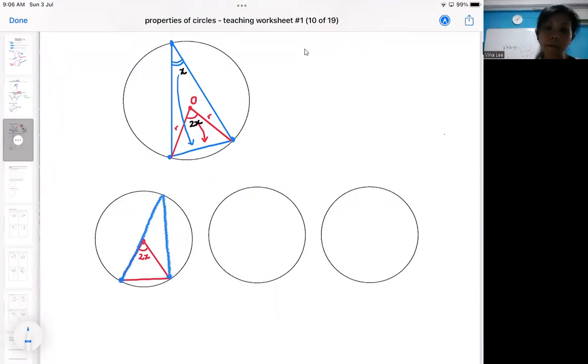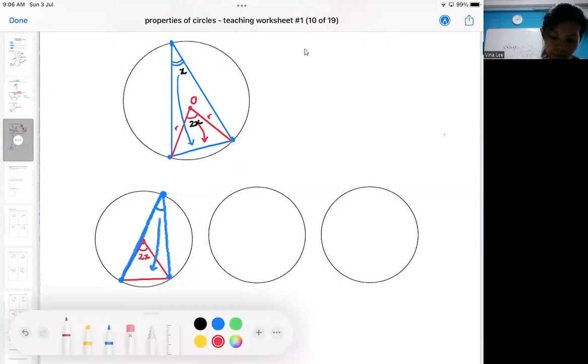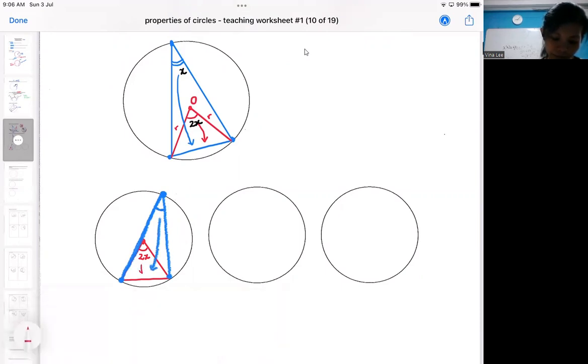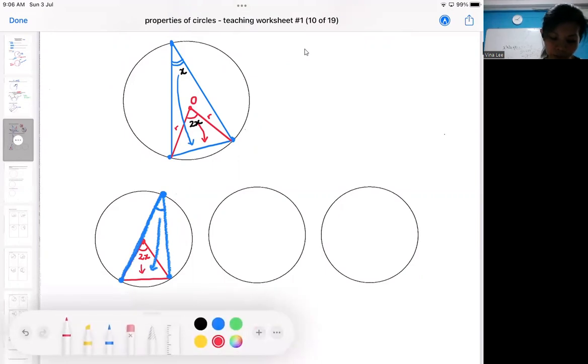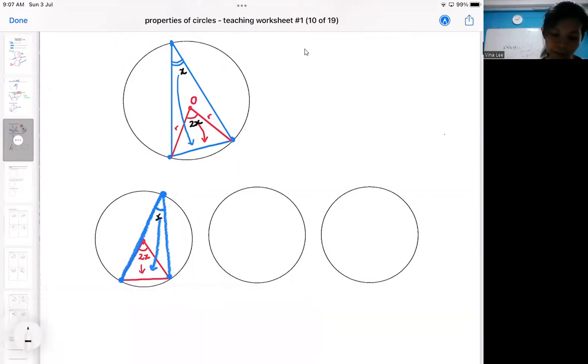So if you look carefully, this is still sitting on the circumference and it is still facing the same chord. So this will still be an X. However, because of the way that it brushed across the side of this triangle, this part becomes the diameter.